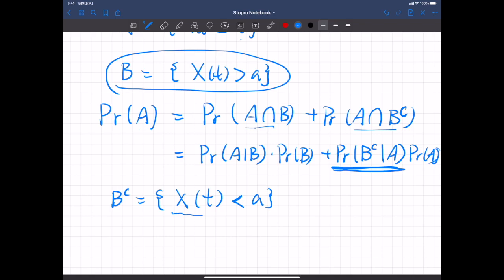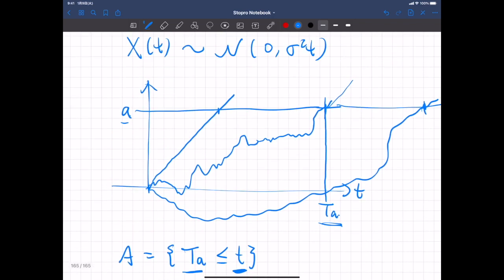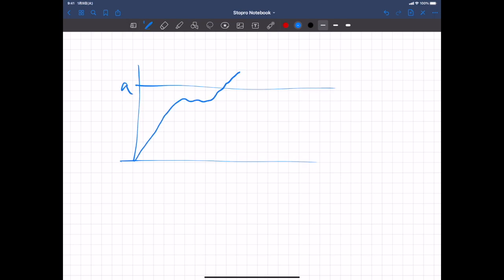Okay, so this probability given A means that at this point of time t, the first passage has already occurred. Suppose we have a here, so we already reached this point at least once. Okay, so x of t greater than a is something like this, and this probability is actually the same as this probability.